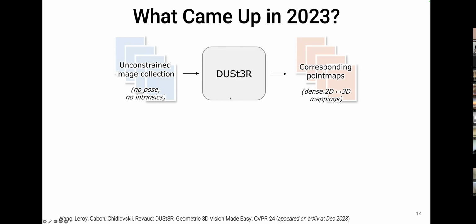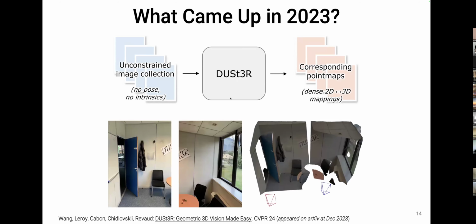What's very cool about this work is that it leveraged a very large network and very big data training, so it has a very strong prior knowledge of the 3D world. Even if you give these two images as input, which, if you notice, have no overlap at all, it's still able to output a 3D reconstruction, which is really, really cool.